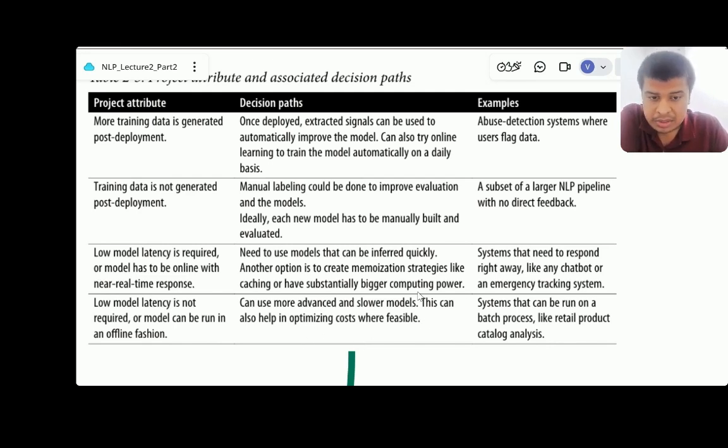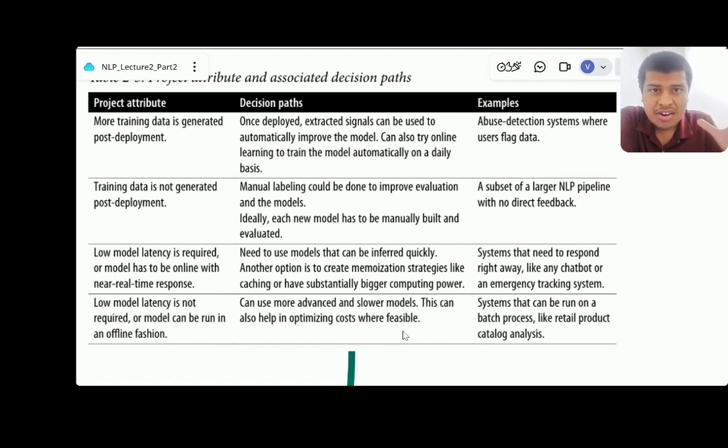This can help you optimize cost where feasible. Usually for computing you need money, so for bigger computing you need more money. Even with smaller computing power, you can run advanced models because time is not a big issue for us. Latency is not a big issue here.